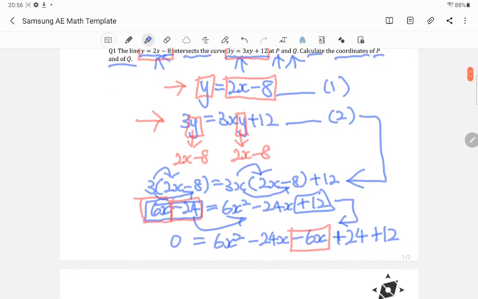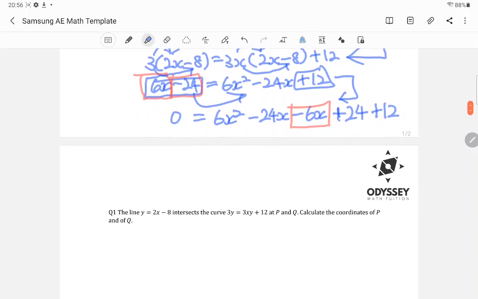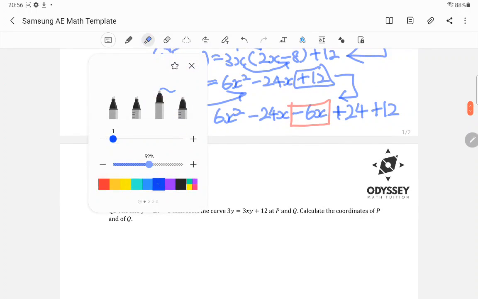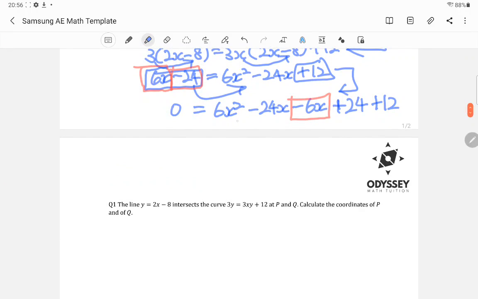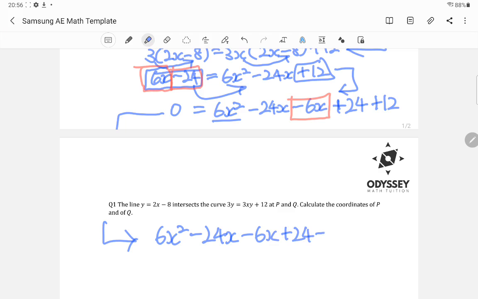Now let's simplify it further. I'm just going to write it the other way around. So this becomes 6x squared minus 24x minus 6x plus 24 plus 12 equals 0.